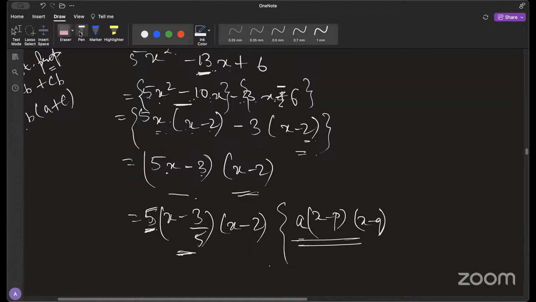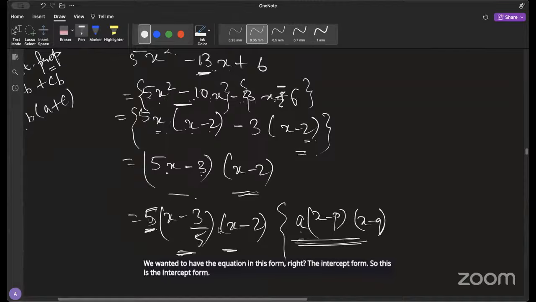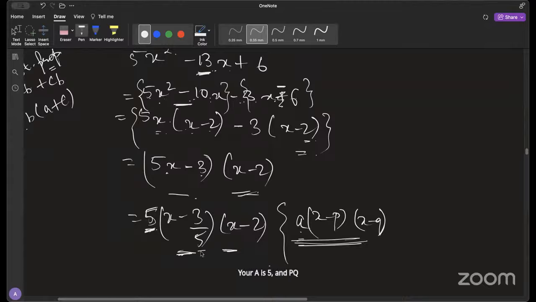We wanted to have the equation in this form, right? The intercept form. So this is the intercept form, where a is 5 and p and q are these things, 3 by 5 and 2. Is this clear to everyone? Yes, ma'am.